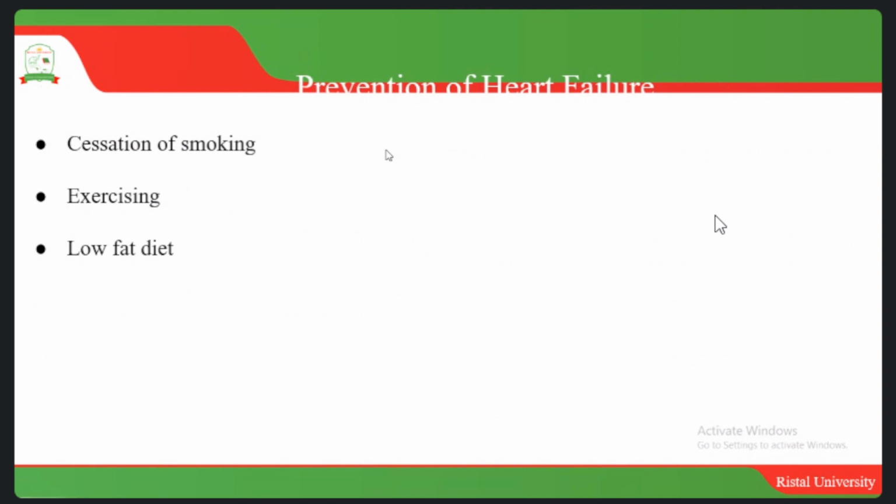Then low fat diet, we should not take a lot of fat, because fat accumulates in the blood vessels, causing blockage.